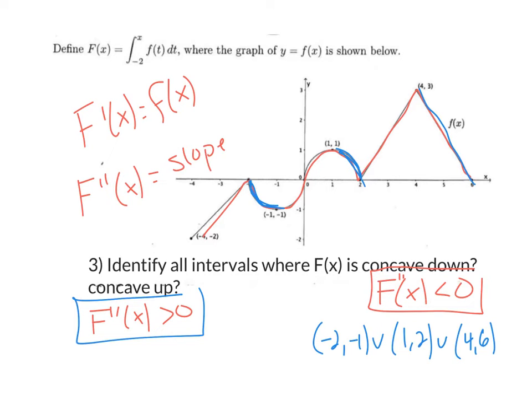So notice that happens from -4 to -2. It also increases from -1 to 1. And then lastly, looks like 2 to 4. So when you're talking concavity of an area function, really you're looking at the slope of the function that's provided on the graph.